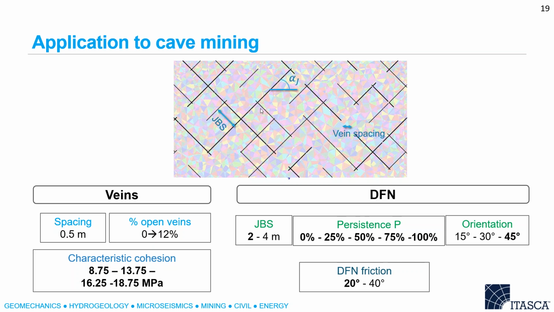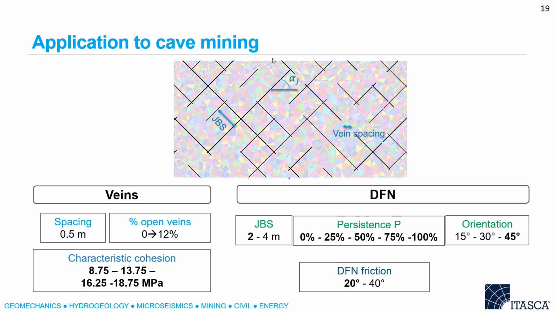Yes. In fact, here it was a particular study where we wanted to do a parametric study for research reasons. So we have put a very simple fracture network like you see here. If I prolongate all the fractures, you will have square fractures with identical spacing. This is what I call the joint block spacing.